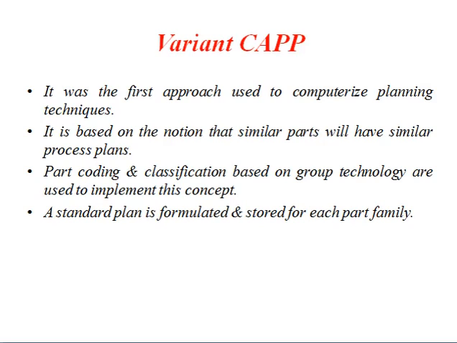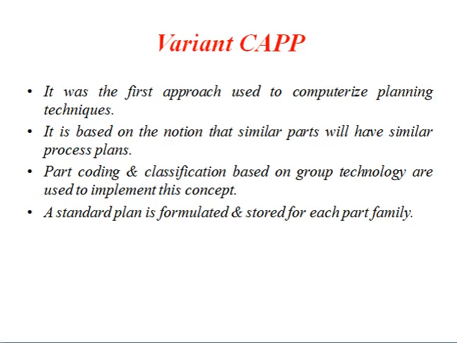This is the first approach, which is used to computerize the planning techniques. Whatever planning you have, you need to upgrade or implement it with the help of computers. You'll be maintaining the steps in a sequential manner. The variant type of computer aided process planning is based on the notion that similar parts will have similar process plans. Whatever consideration you take in order to manufacture the product, you need to have separate parts.